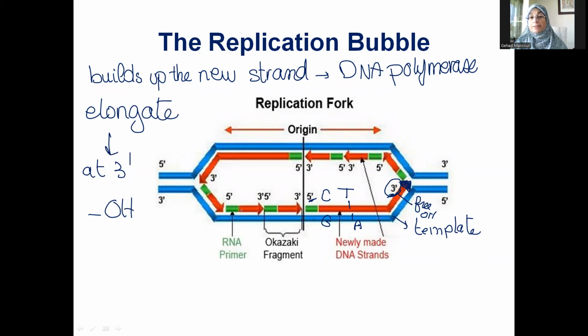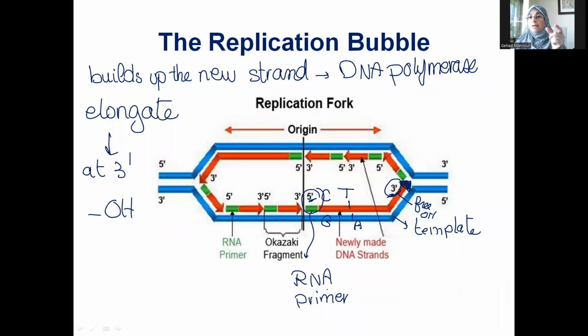The second rule is that DNA polymerase cannot initiate this process unless there is an RNA primer, an RNA strand that is built on top of the template DNA strand.